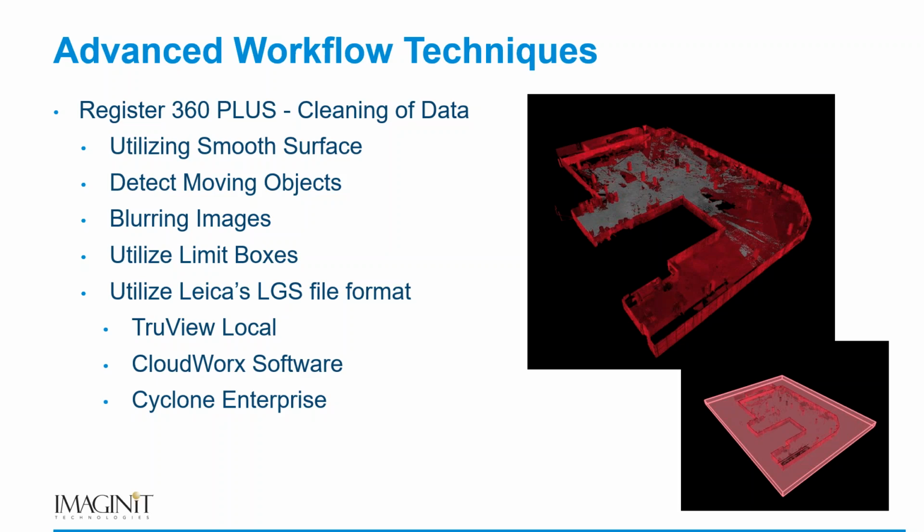That's a known fact that almost anybody will tell you. If we have to work with a very, very large point cloud in recap, you're probably going to break it up. With Register 360 and the LGS file, I don't have to do that.